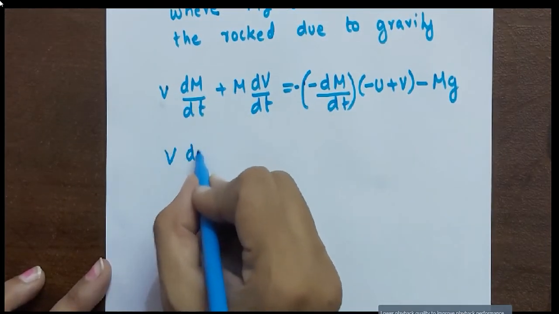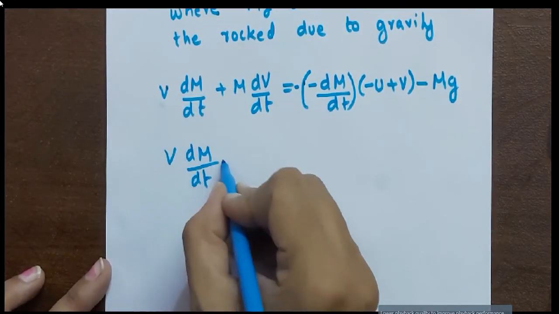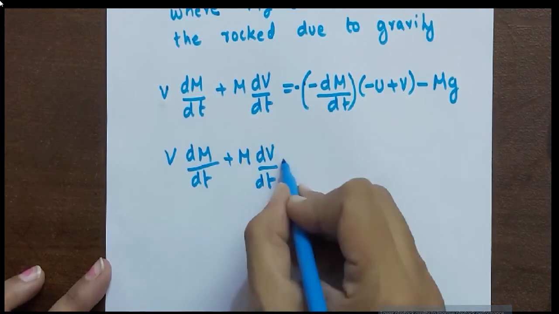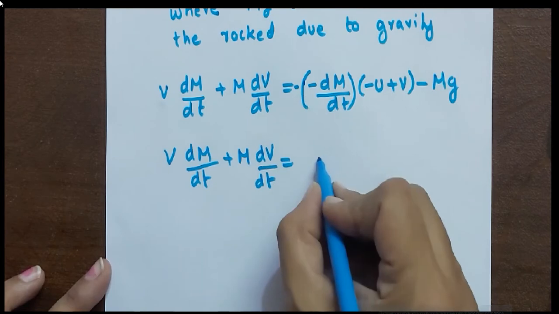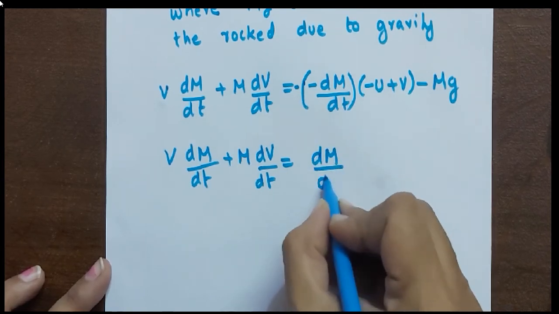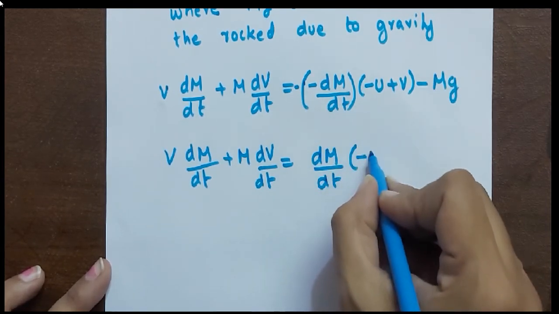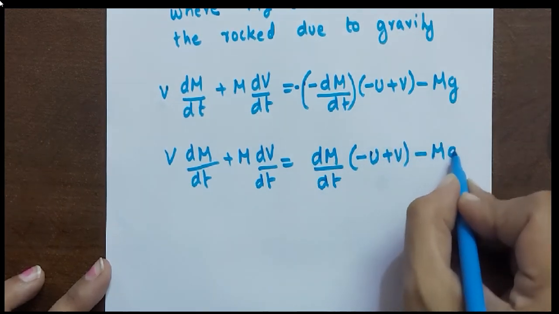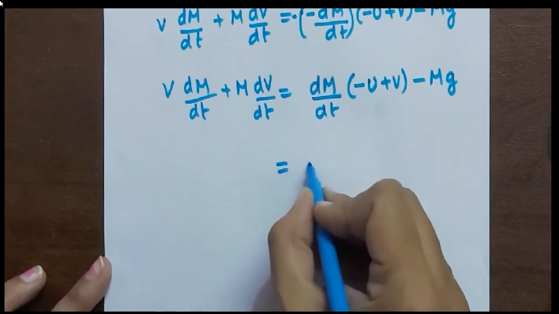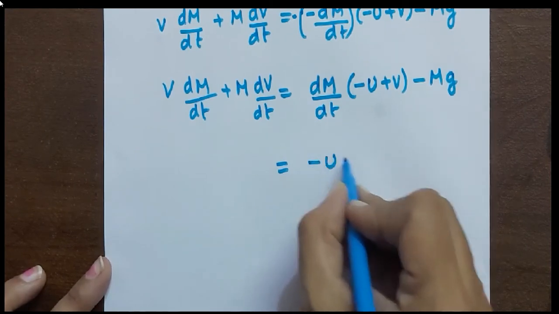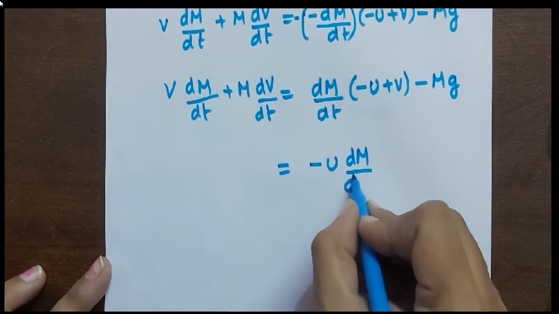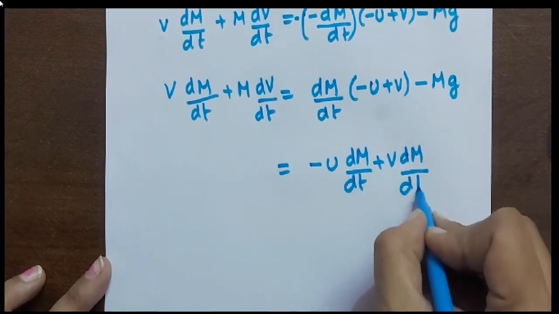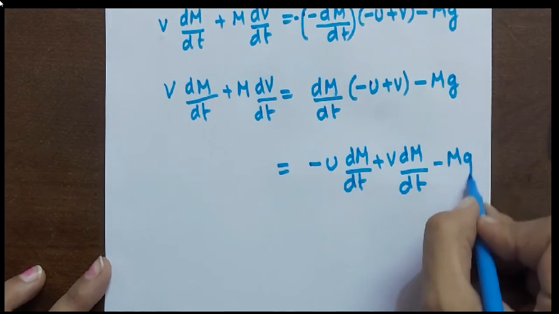That is minus u times dM upon dt plus v times dM upon dt minus Mg.